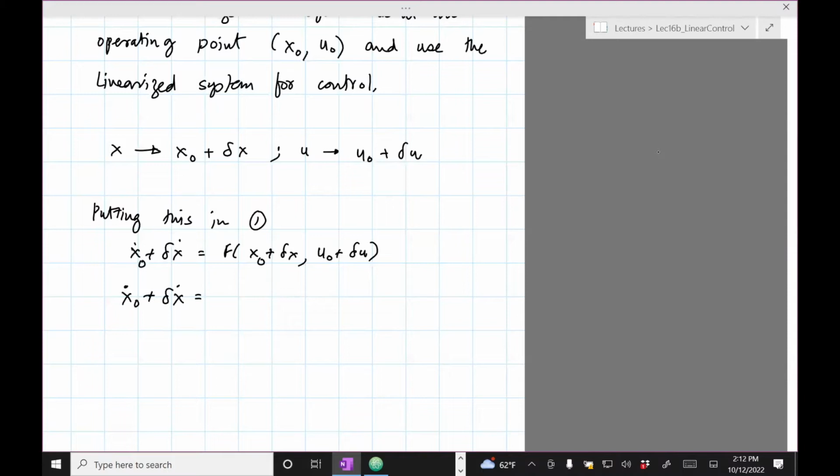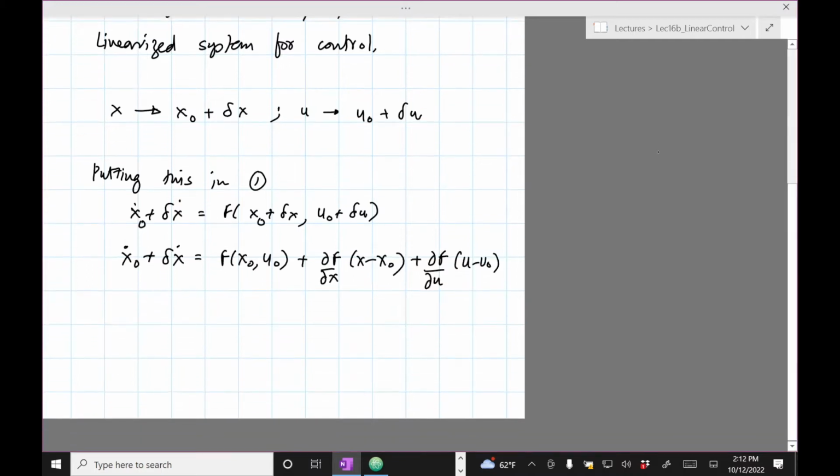Okay, now what we can do with the f is that we'll use the Taylor series approximation to expand that about the operating point x0, u0, plus df/dx times (x minus x0), plus df/du times (u minus u0), plus higher order terms.